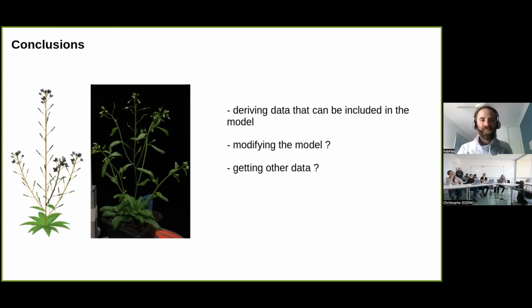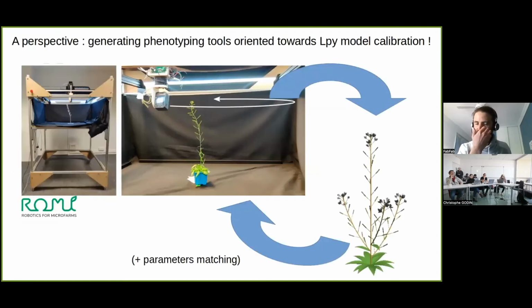And so I think in the future, we could imagine that one good tool for a virtual plant would be to use robots and phenotyping tools that we are developing, such as the one we are developing in RAMI, to help modelers extract interesting parameters.